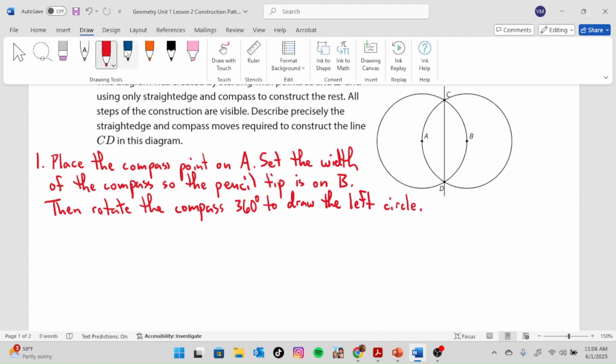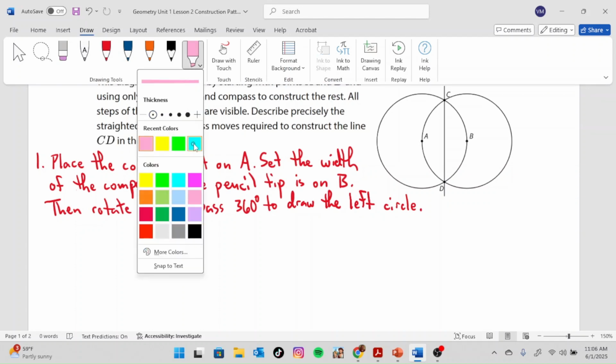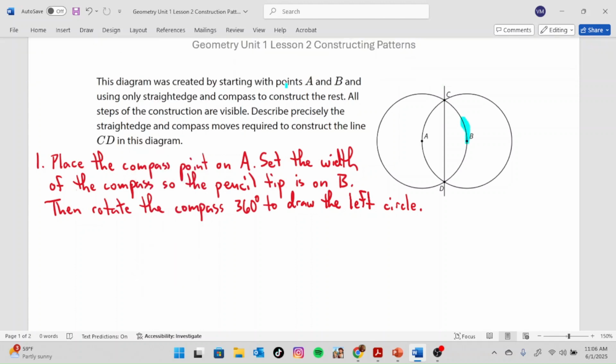That would be the first step. And that would allow us to create this shape that I'm highlighting in blue.